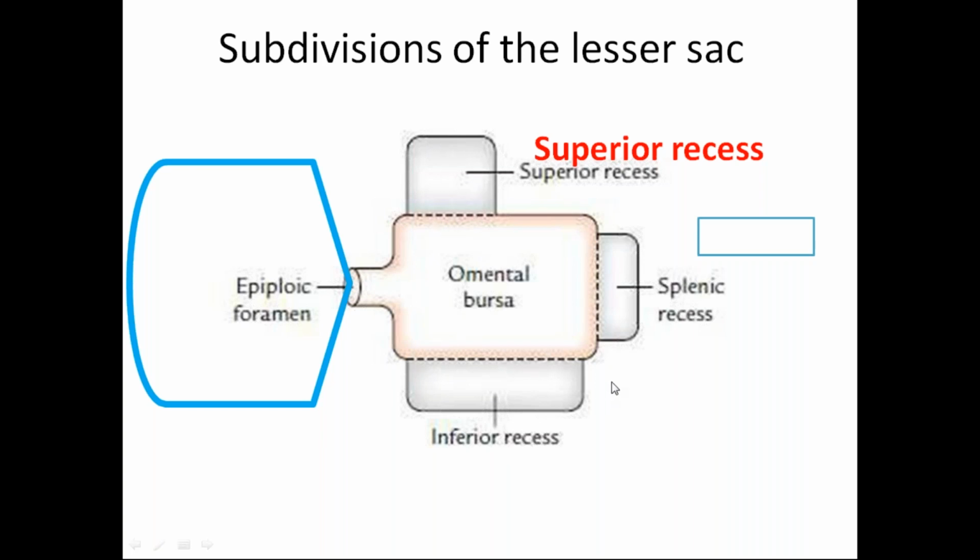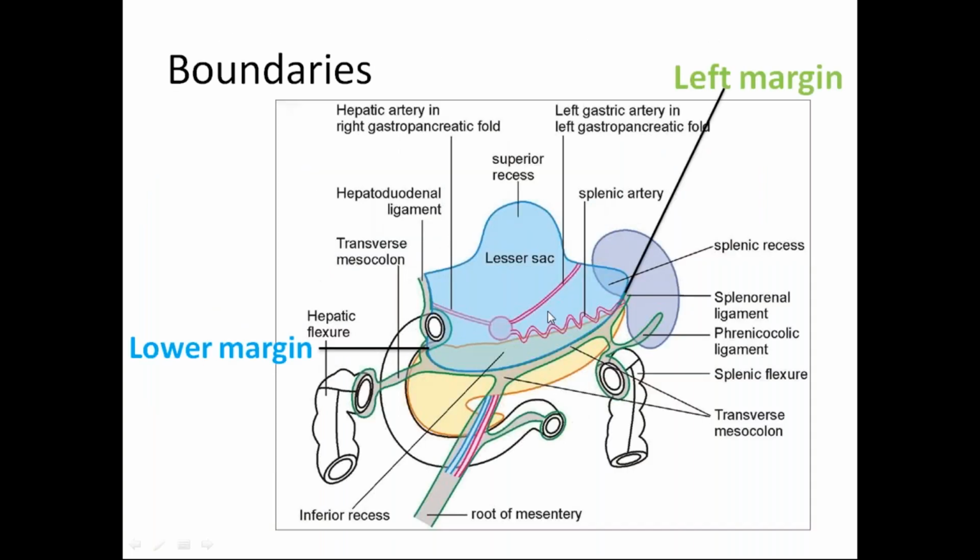So how will you divide the lesser sac into superior and inferior recesses? Which fold divides this into two? See this picture and tell what is the name of this fold.